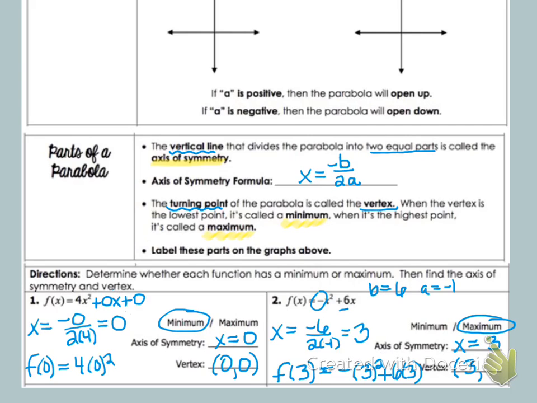So 3 squared is 9. The opposite of that makes -9. And then I add on to that this 18, which is the 6 times 3. So -9 plus 18 is +9. So this is going to have its vertex at 3, 9, and that's really going to represent a maximum value. That's going to be the highest point of that hill, and it comes back down.